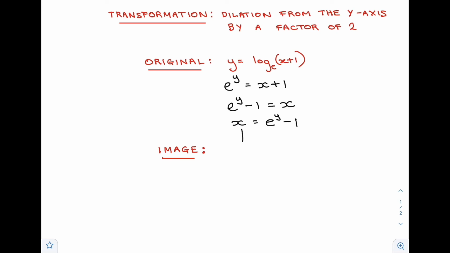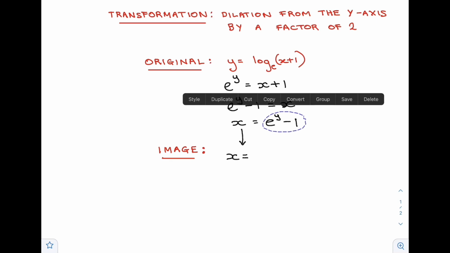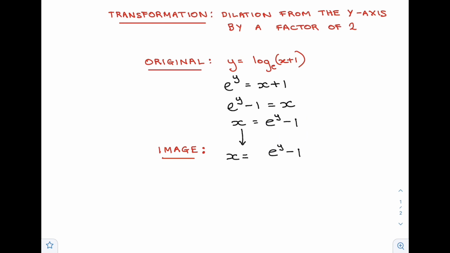Now, a dilation from the y-axis by a factor of 2 multiplies the x values on the curve by 2. So the image x's will be the same as the original x's multiplied by 2.